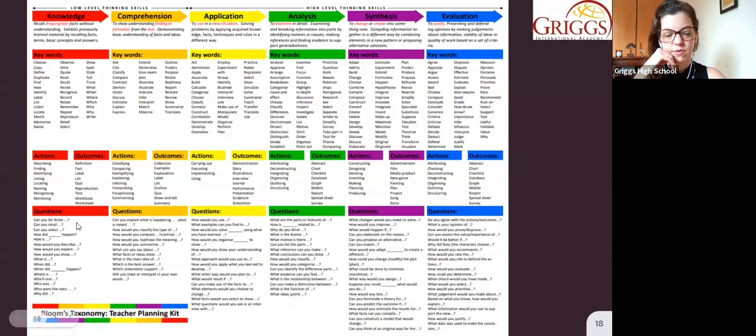Can you recall? How would you classify the type of... how would you show your understanding of this text, of this concept? What conclusions can you draw? These questions are very helpful to guide us in how to talk to our students.